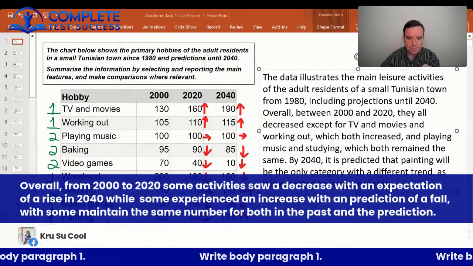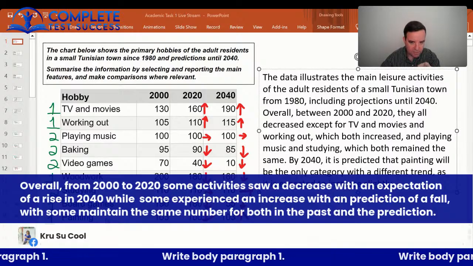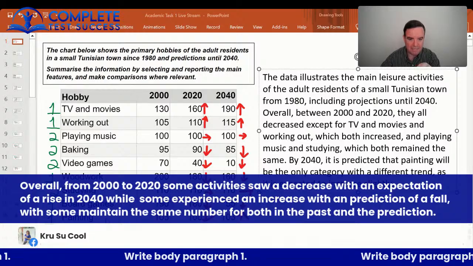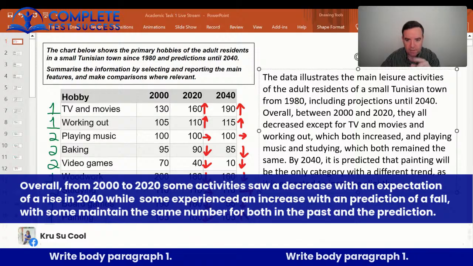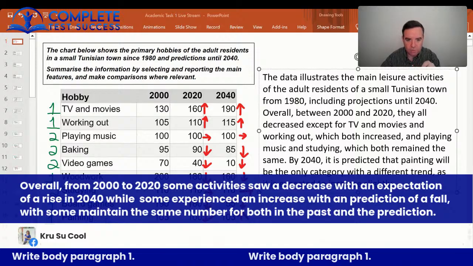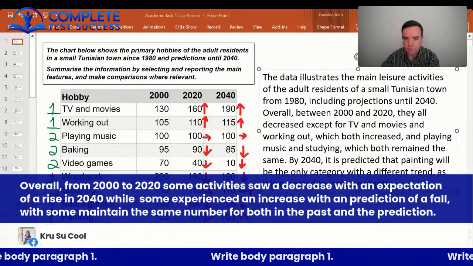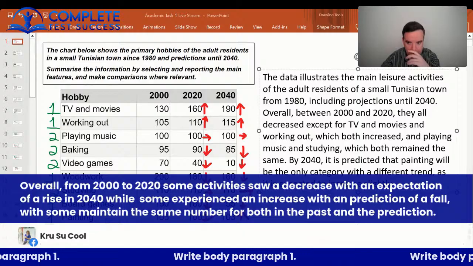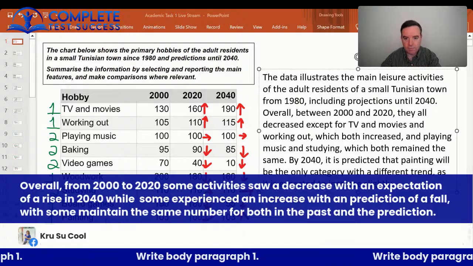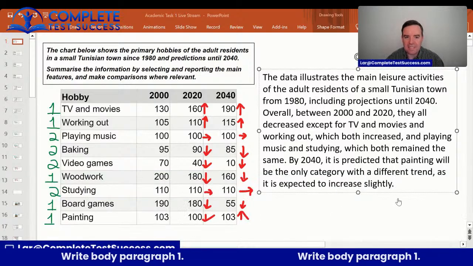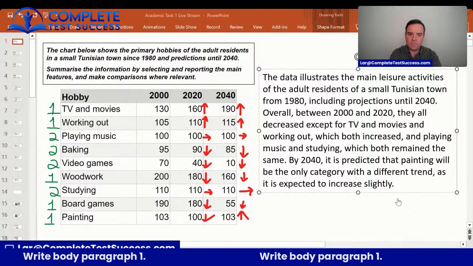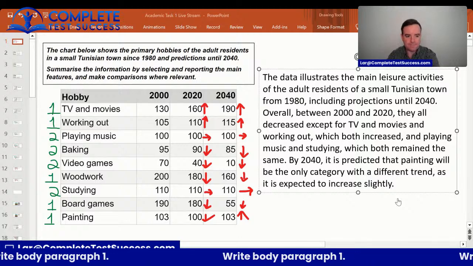That would improve it. And then that thing where you said a decrease with an expectation of a rise, I'm not sure what you mean there. So then you have comma, while some experienced an increase with a prediction of a fall. Again, I'm not sure what you're trying to say here. With some maintaining the same number for both in the past and the prediction. So I think it's just the language. I think you're trying to use some vocab that you're not comfortable with.